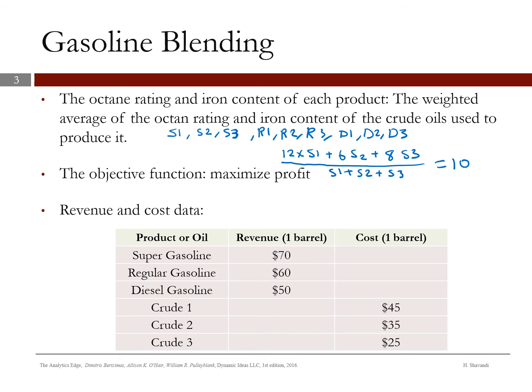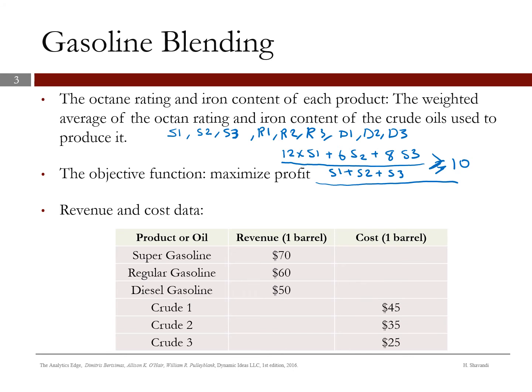So this would be the average, and same as this, we would have the same constraint for the iron content. Here instead of having equality, we can have greater than or equal to 10. Since we have "at least" there, the octane rating would be at least 10 here for the super gasoline.